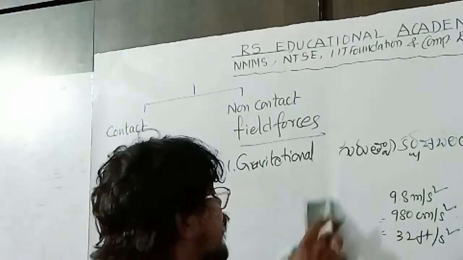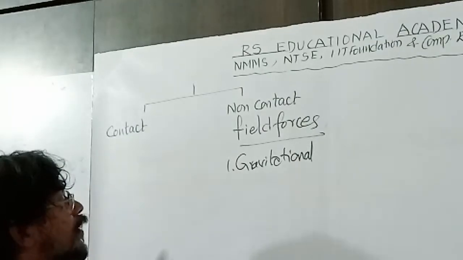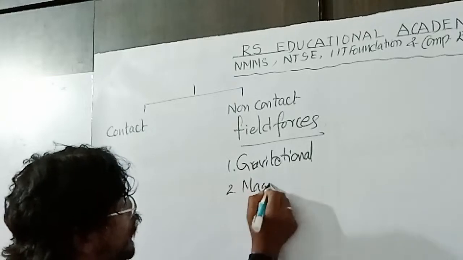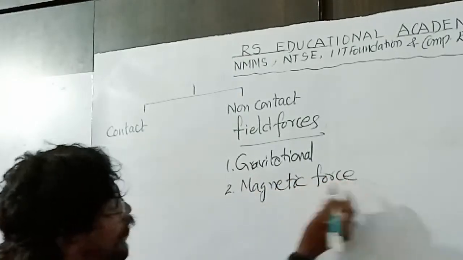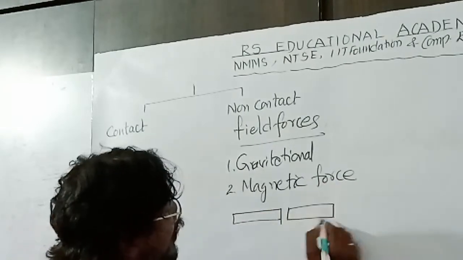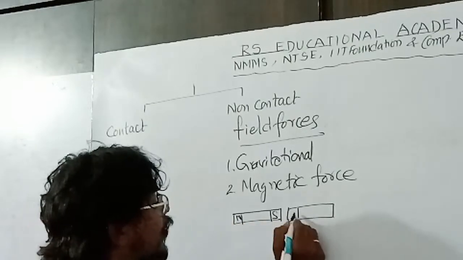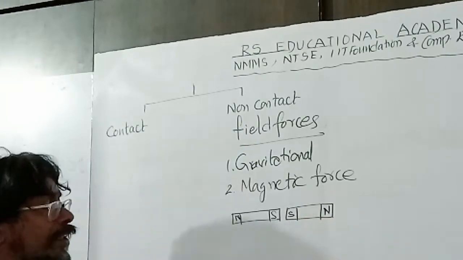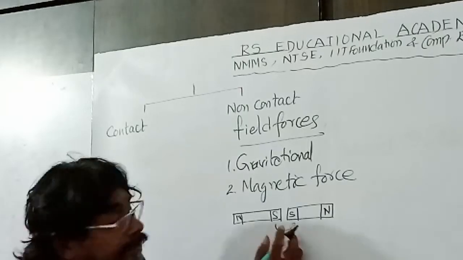And second one is, already we have seen, magnetic force. So this is the magnet, this is the other magnet, this is the north pole, this is the south pole, this is the south pole, and this is the north. Now here south and south repel each other.